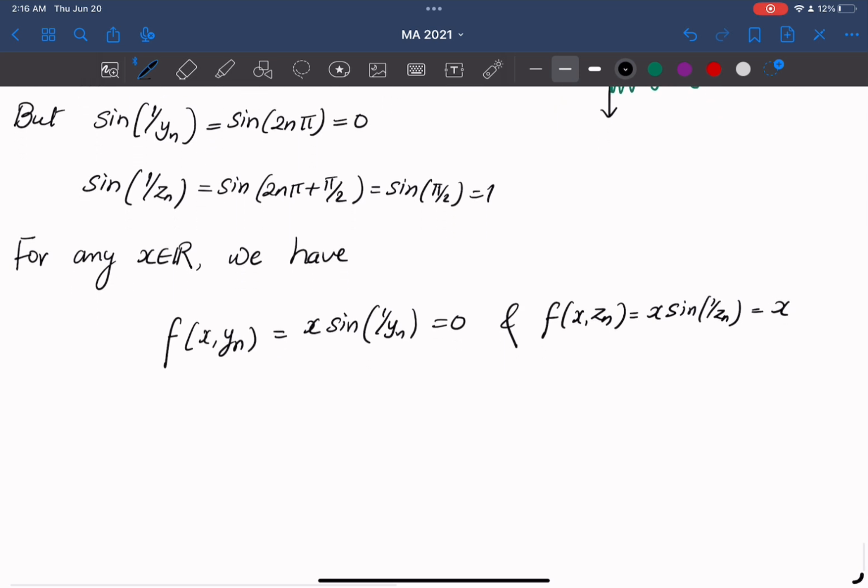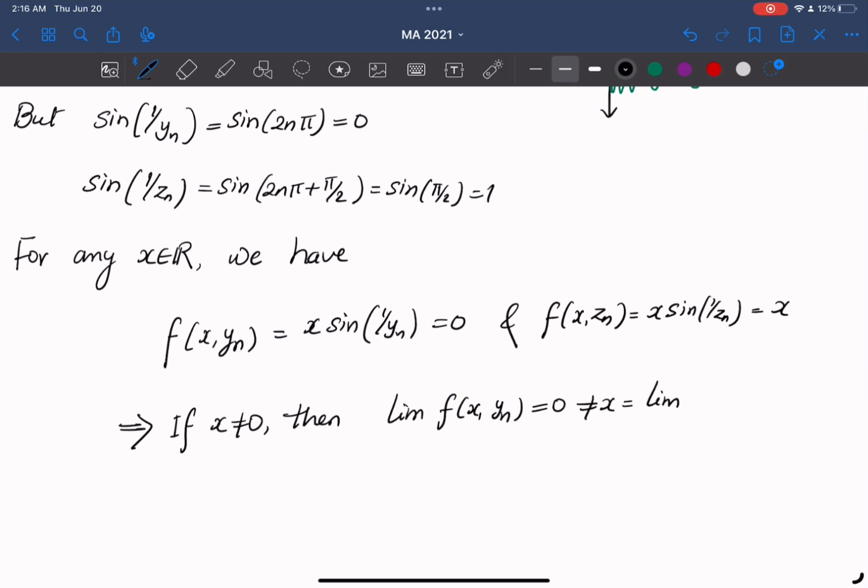So from these two evaluations of the function, we see that if x is non-zero, the limit of f(x, y_n) is equal to 0, and the limit of f(x, z_n) is equal to x, which is not 0.